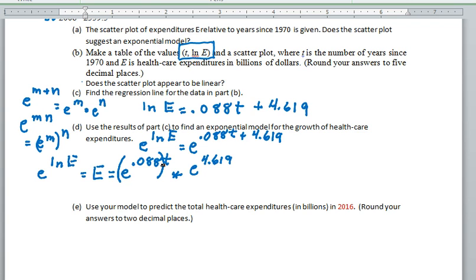Now I'm going to use the calculator and determine that e to the 0.088 is actually 1.092, and e to the 4.619 is 101.353.